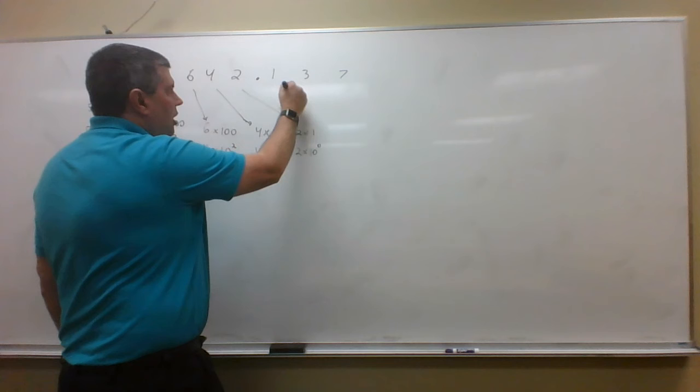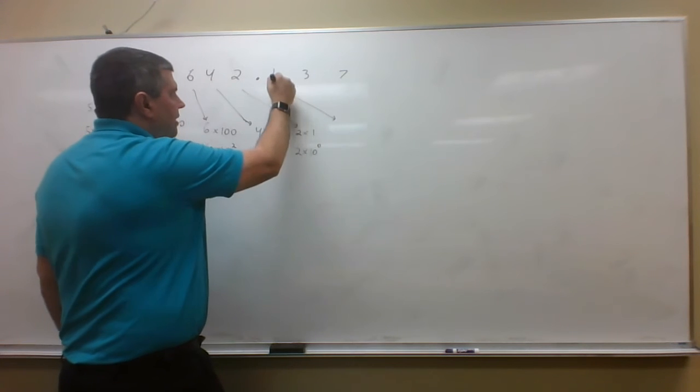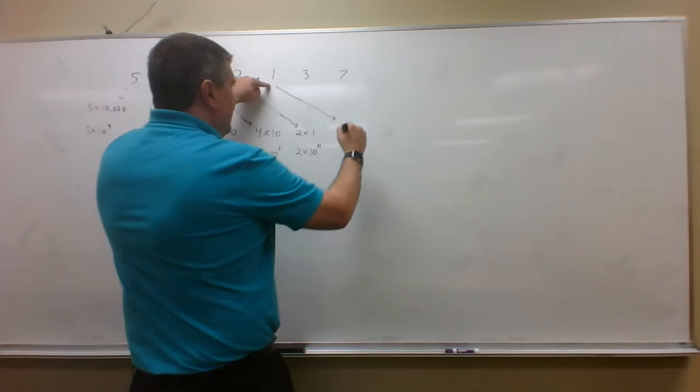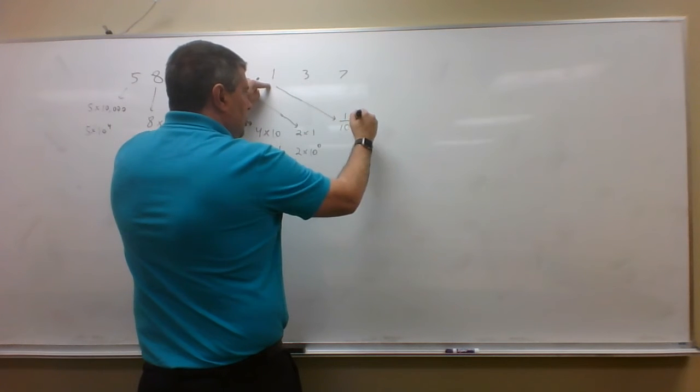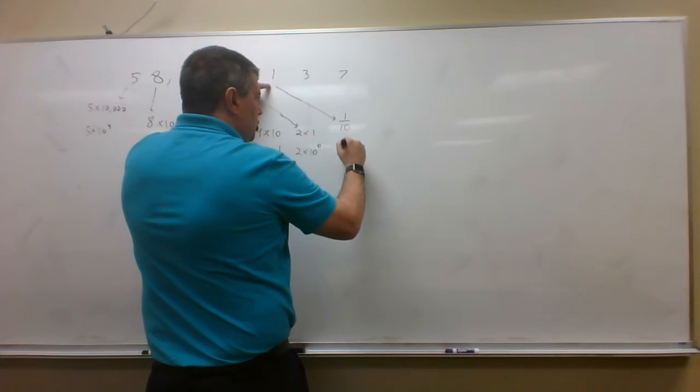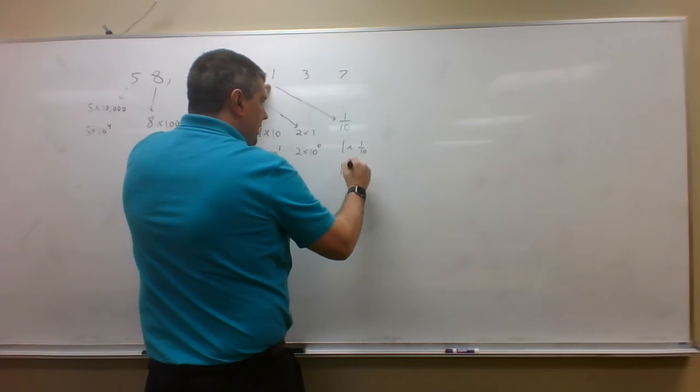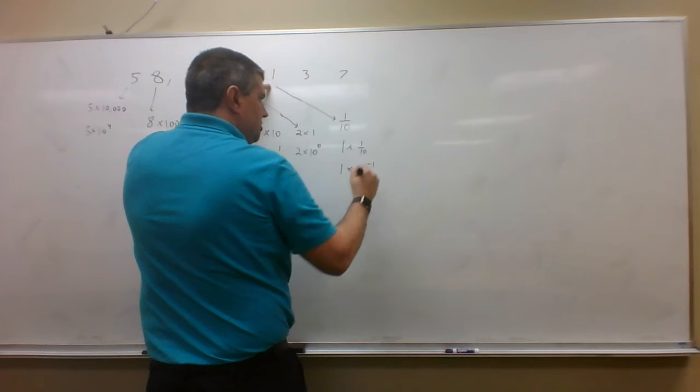So let me go over here and I will add smaller numbers. Okay, this is 1/10, which is equivalent to 1 times 1/10, which is equivalent to 1 times 10 to the negative 1st.